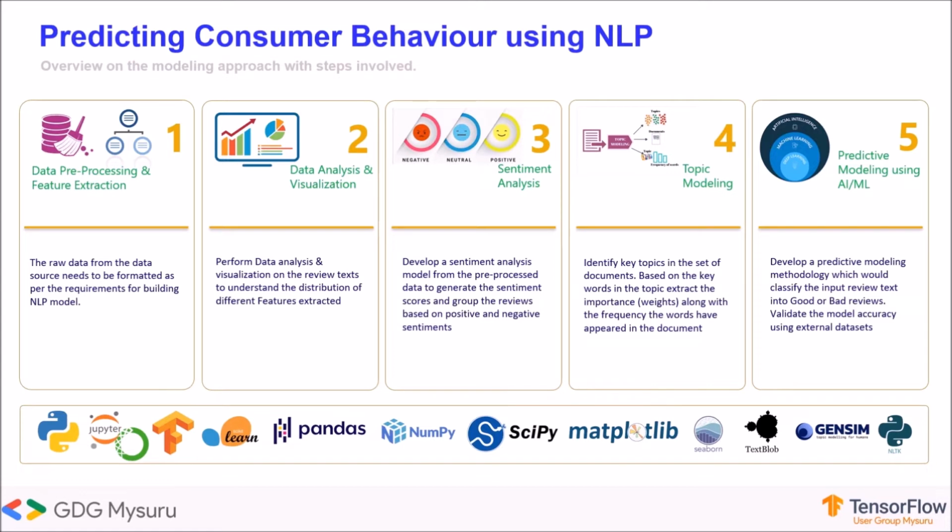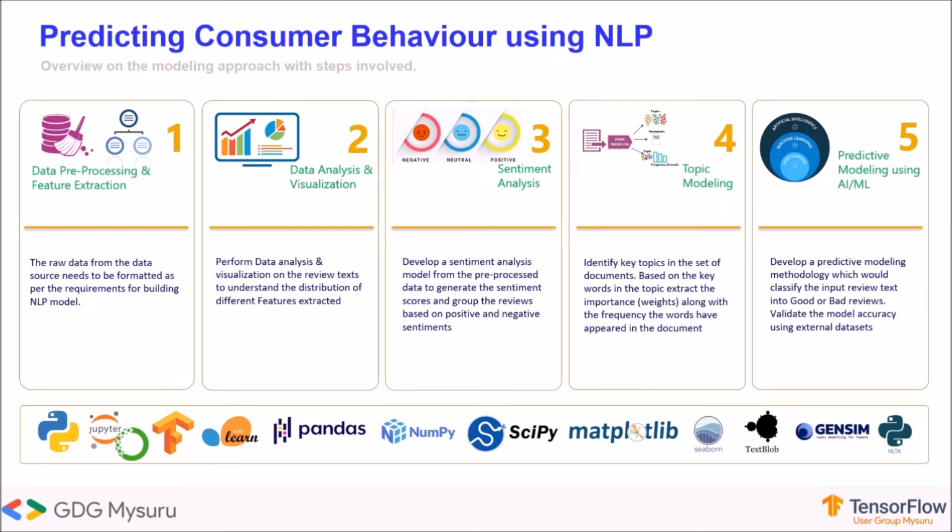Now, based on all these four stages, the last stage is nothing but the predictive capability of this model. As mentioned, NLP is nothing but a machine learning and deep learning model. It learns from the historical data. All the historical text reviews which have been given, the model learns from that.